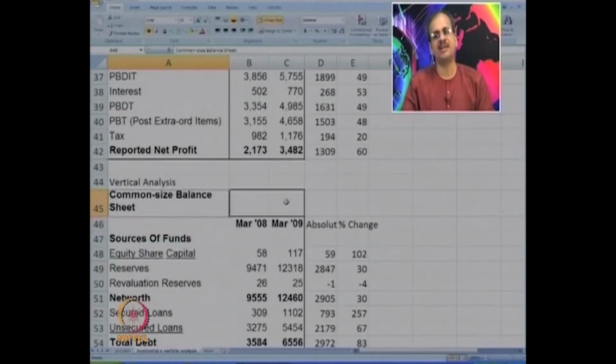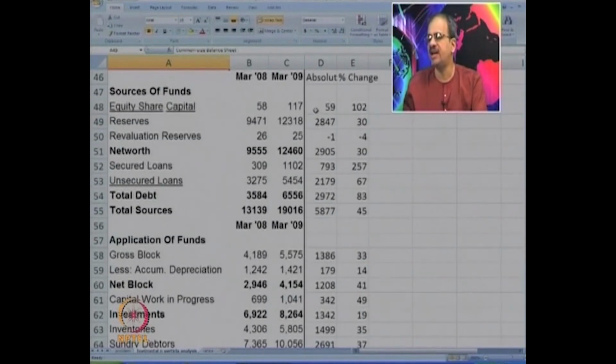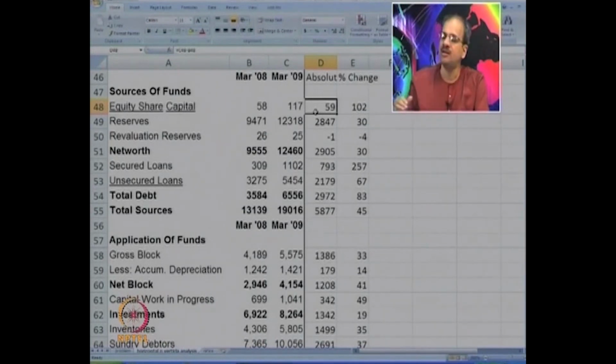So what is prepared in a common size statement? In a common size statement, we essentially try to take each item and relate it to the total. So in horizontal, we had compared the 2 years. In vertical, instead of comparing the 2 years, for the same year, we take the total and compare. So here we have a figure of total sources. Each item on the sources side will be compared with the total of sources.